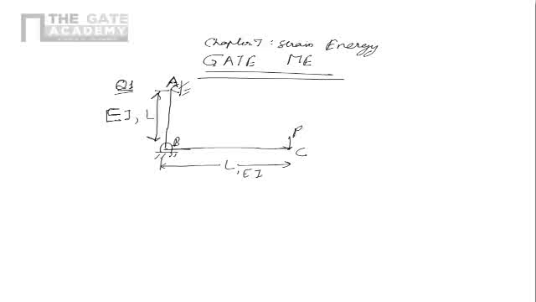See, the portion BC is not exactly a cantilever. It is just something which is supported at B with only translational constraint. It is free to rotate about B. It is not fixed at B. It is only pinned.